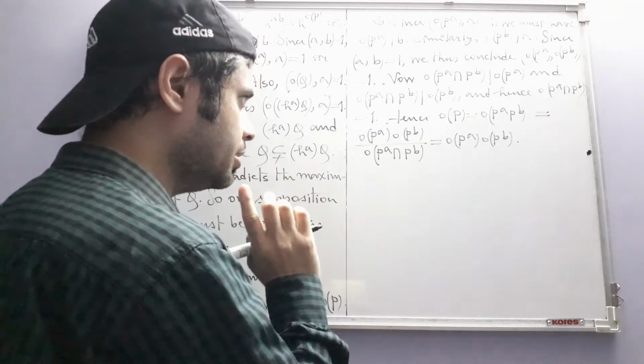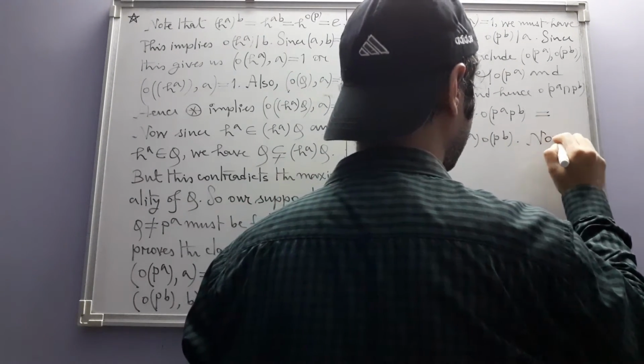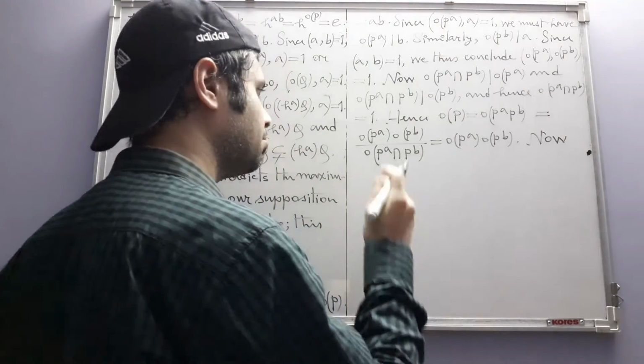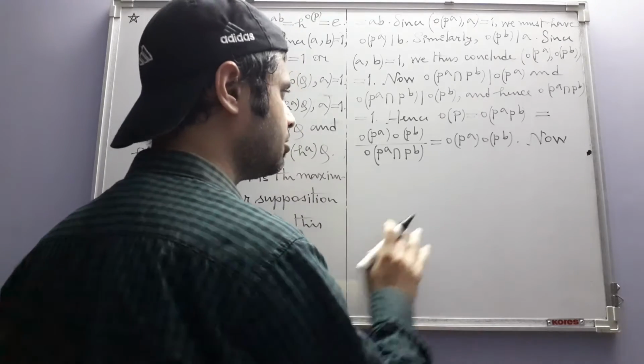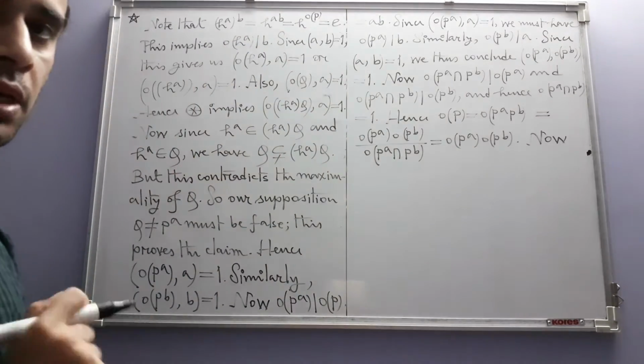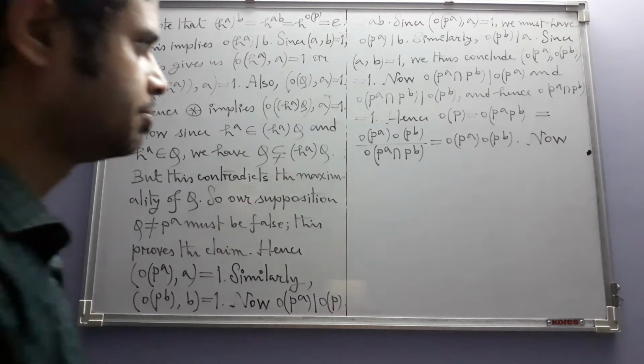We have proved this. Fine. Now we can conclude even more from this. We are able to now prove that order of PA is actually equal to B and order of PB is actually equal to A.